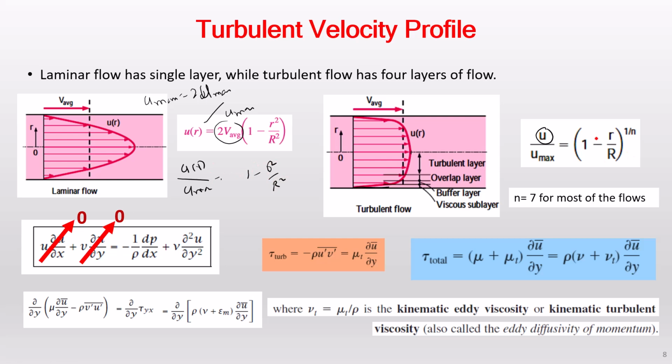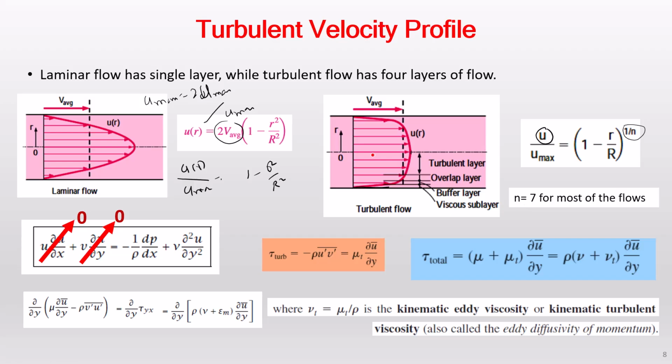But here it is almost similar, 1 minus r upon R, but the whole power is 1 upon n. So n is an index that will vary for most flows, and usually it is 7, but its value actually varies from lower values to high values depending on the Reynolds number.